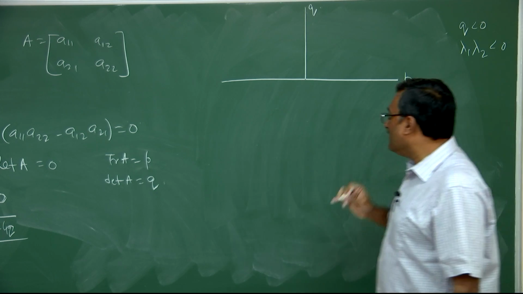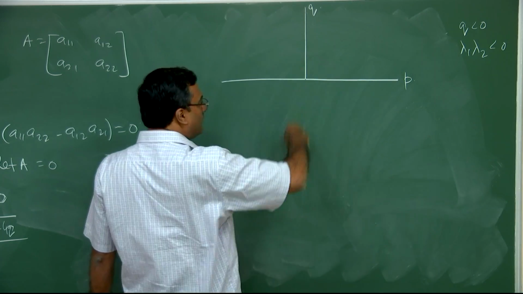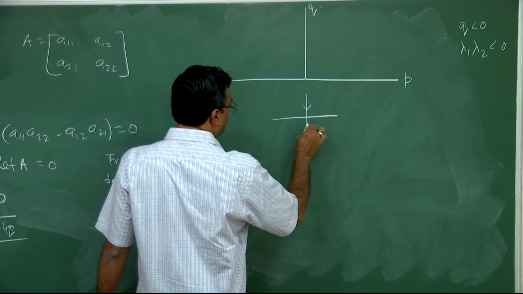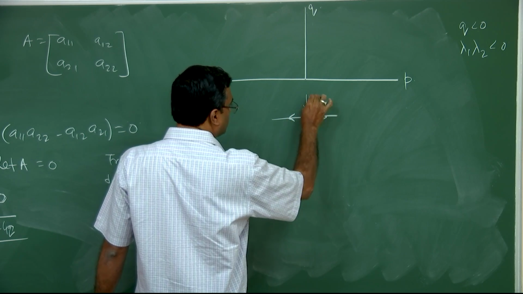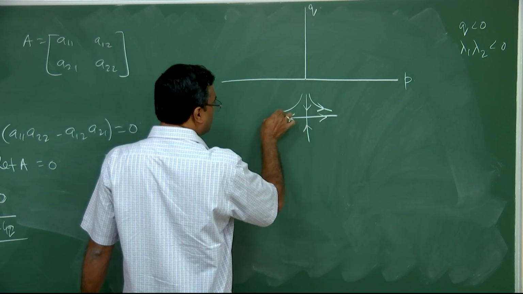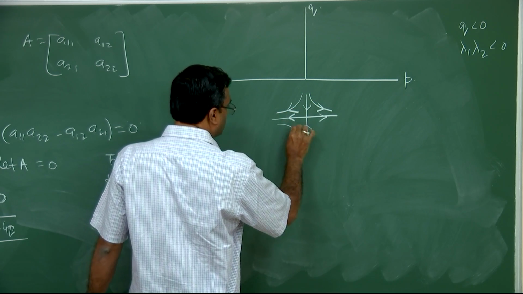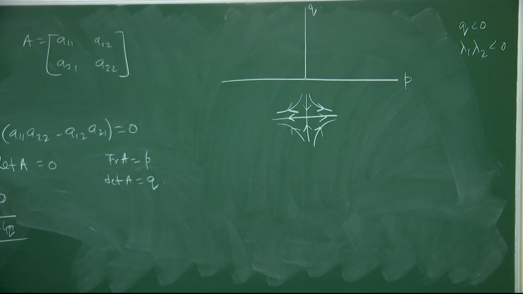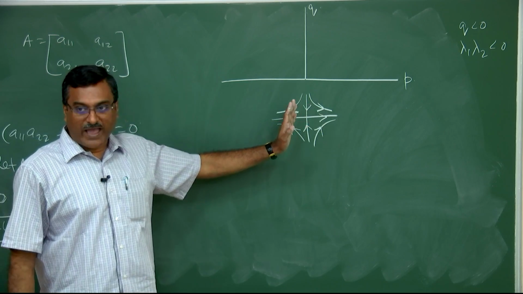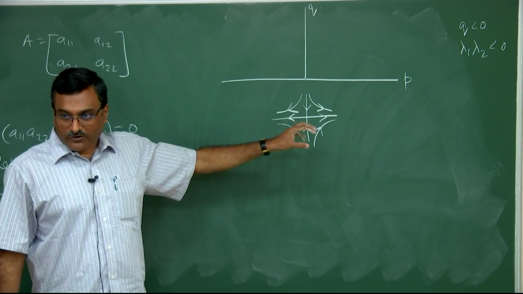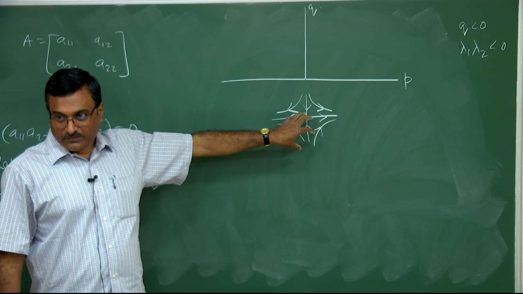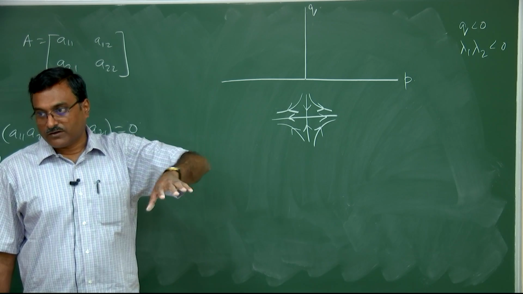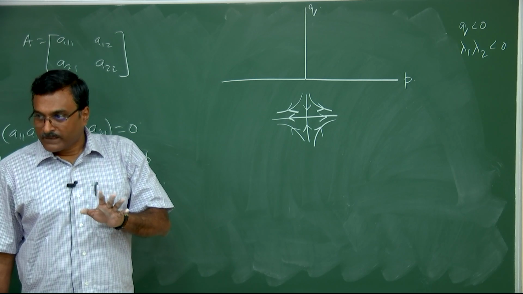So a typical phase portrait in this domain, that is for q less than 0, will look like this one, with trajectories approaching in this direction and this direction, or some form which is topologically equivalent to this one. That means either of these two axes may be rotated or stretched depending upon the given coefficients of the system under consideration, right?